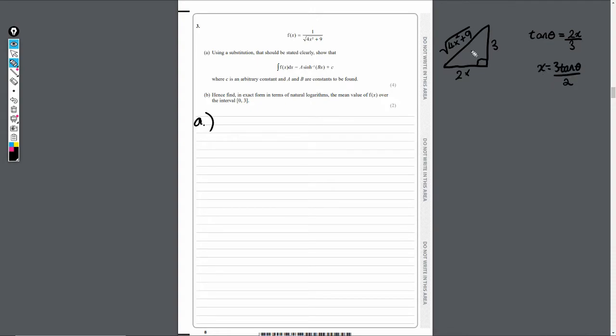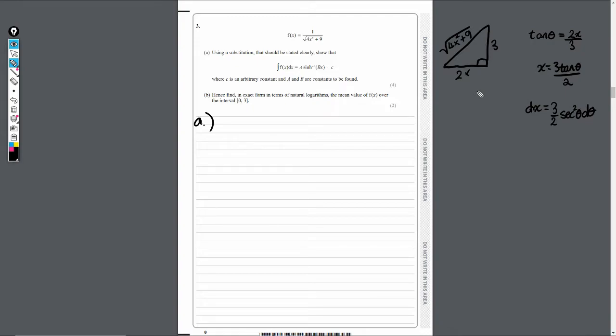And next step, because we're using substitution, let's work out dx as well. So what will dx be? Well, that would just be 3 over 2 sec squared theta d theta. Okay, so we've got all the preliminary information we need for this question.